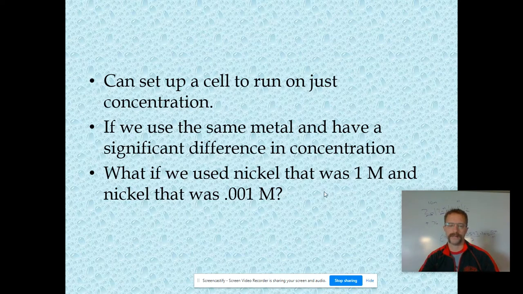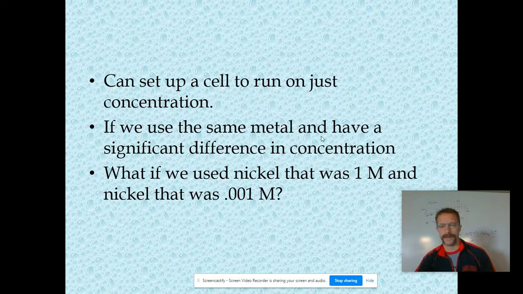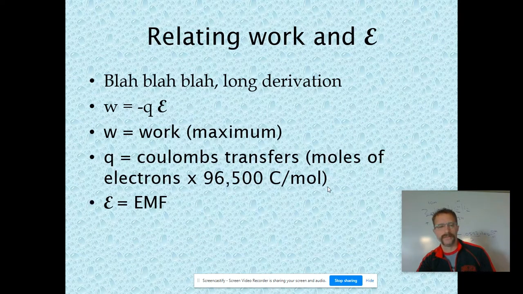It's not a bad idea to pause me and do that. You get 0.0592 divided by 2 times log of 1 divided by 0.001. That's the 0.0888, because that's 3 powers of 10 again. So even with 3 powers of 10 different in our concentration, it's 0.088 volts.